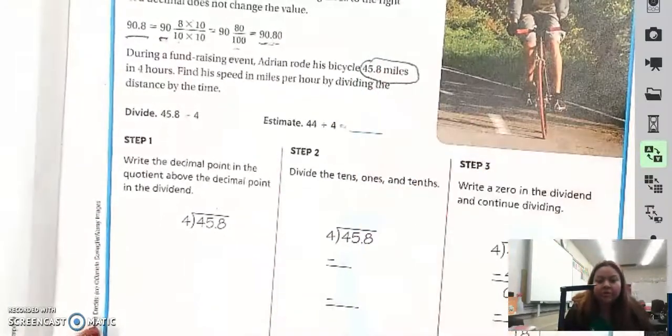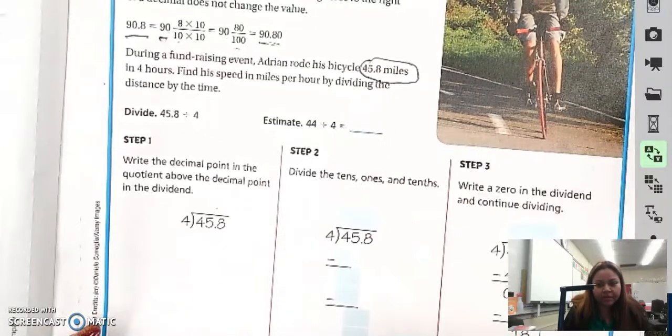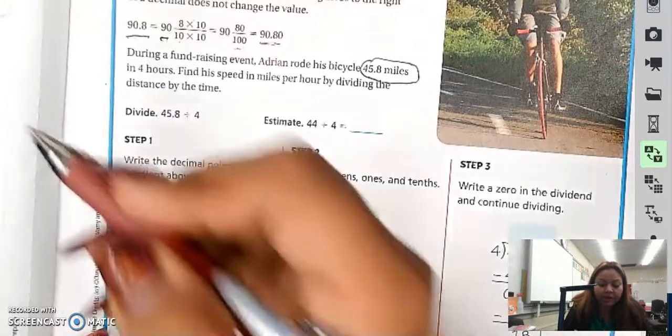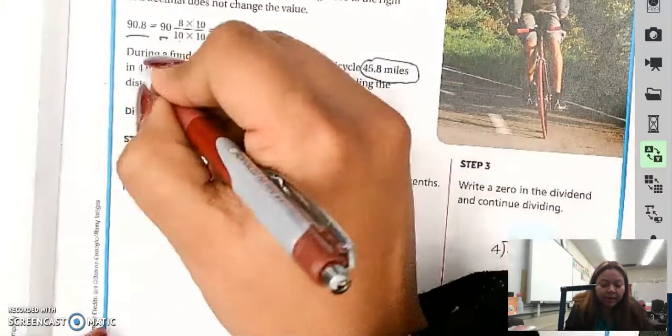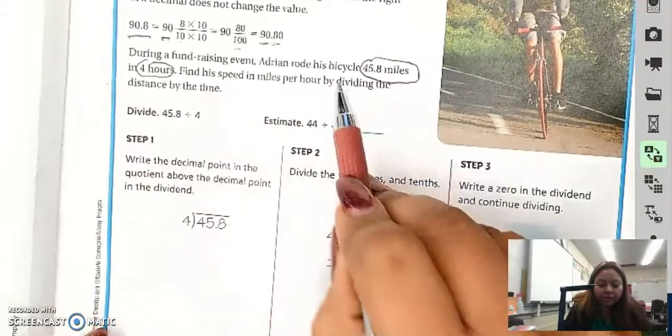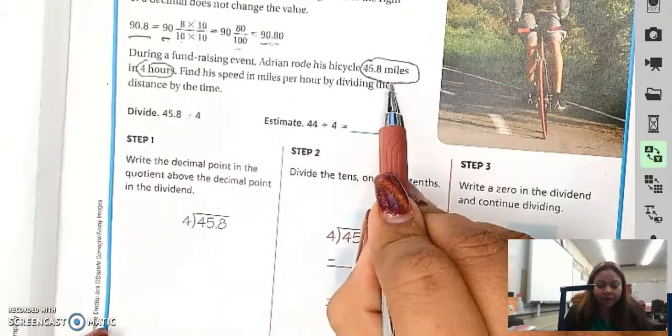So I'm going to circle 45.8 because that's important information I will need later on. It took 4 hours for Adrian to ride his bicycle 45.8 miles.